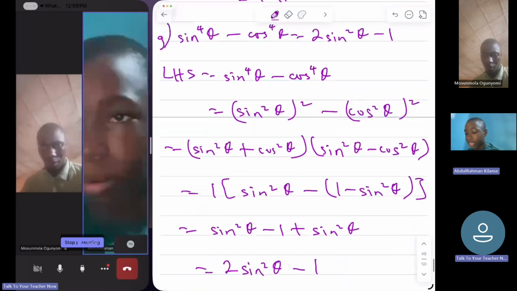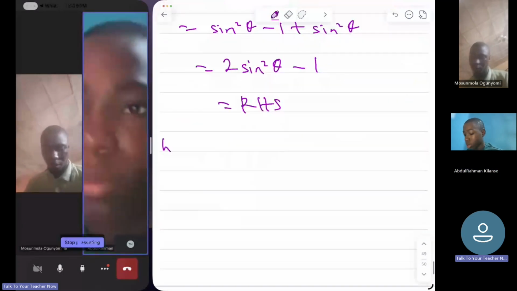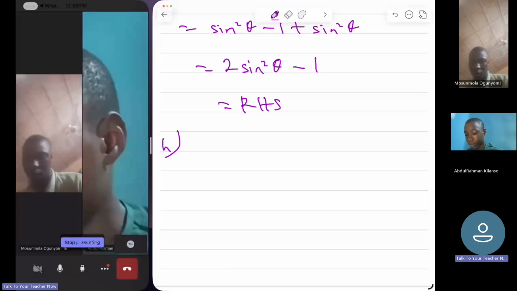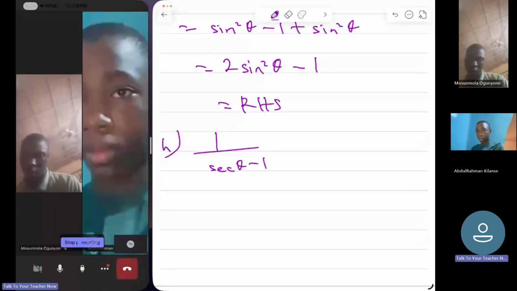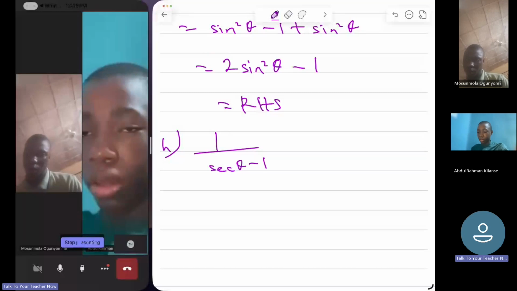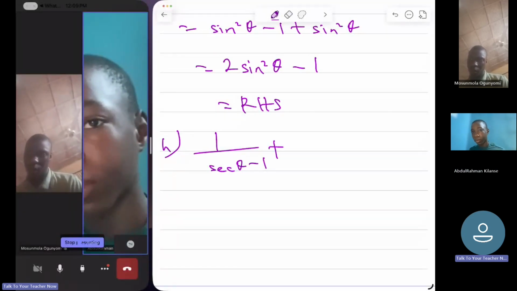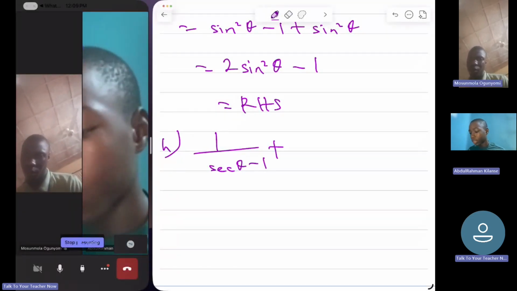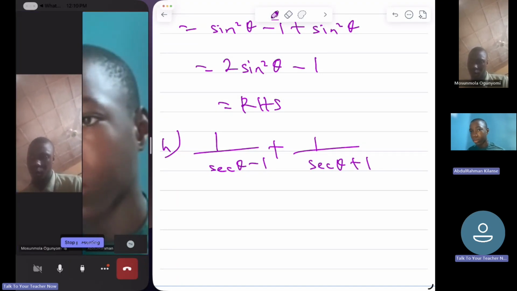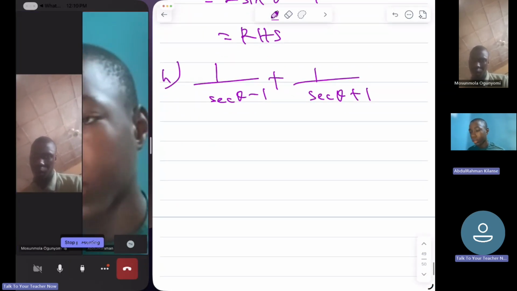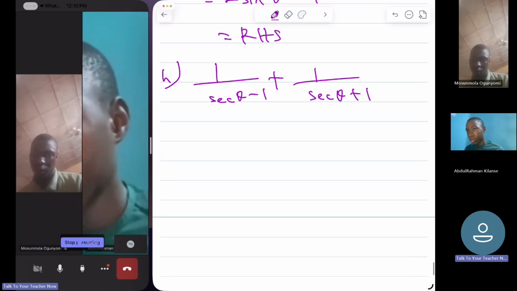The question is 1 over sec theta minus 1 plus 1 over sec theta plus 1. Have we not done this one already? No, sir. Is equal to what?